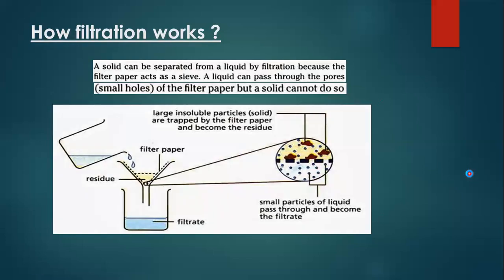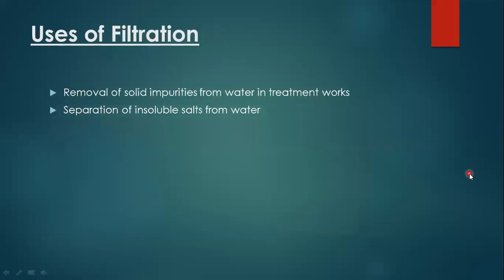Before going to the third technique, we will discuss some uses of filtration, that is removal of solid impurities from water in treatment works. In any water treatment works, if we want to separate some solid impurities from the water, they can easily be removed by filtration. Another use is separation of insoluble salts from water.